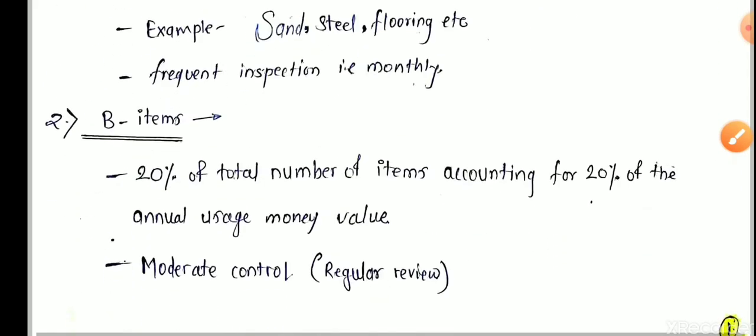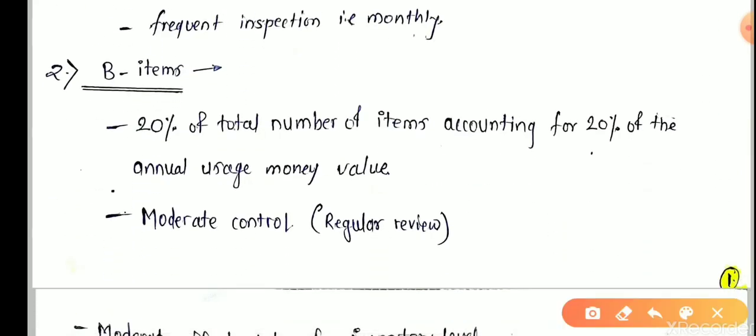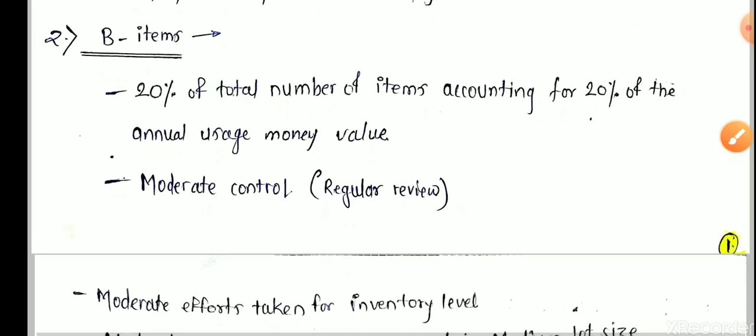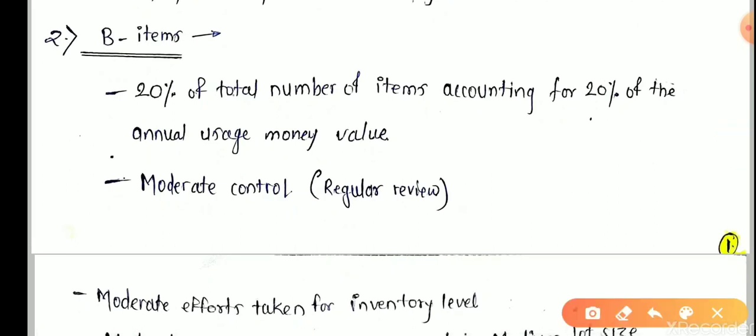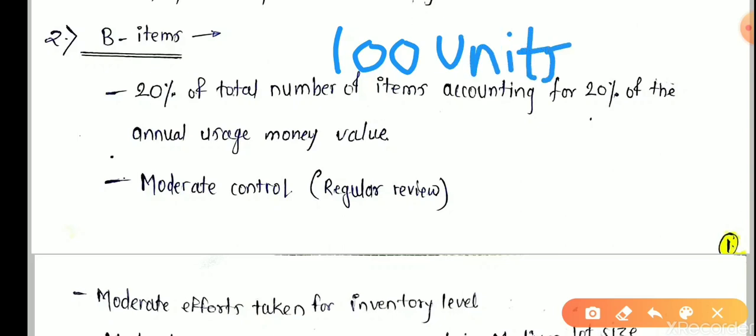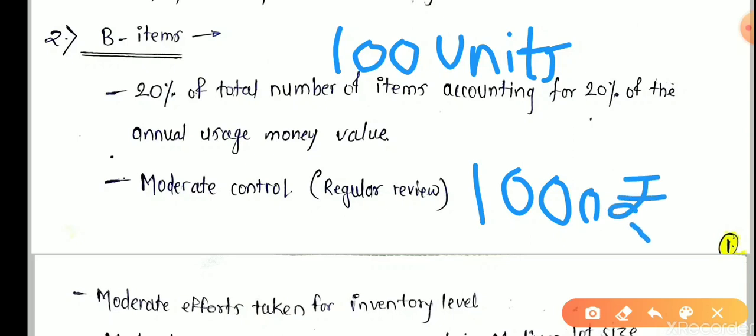Now we are going to see what B type of material is. B class items are 20% of the total number of items, accounting for 20% of annual usage cost. As per the previous example, if you have a list of 100 units or 100 items, and its total cost is 1000 rupees per year, then 20% means 20 materials.